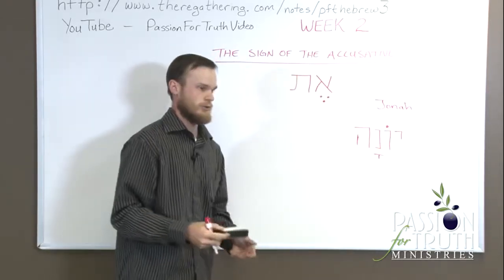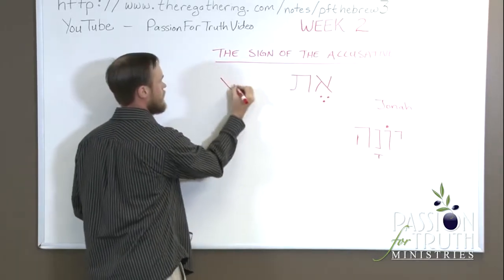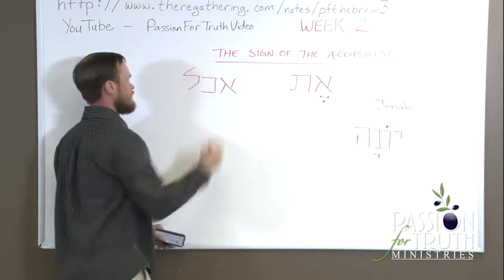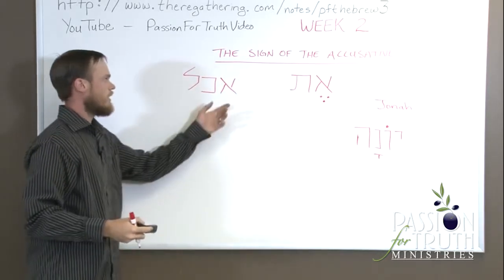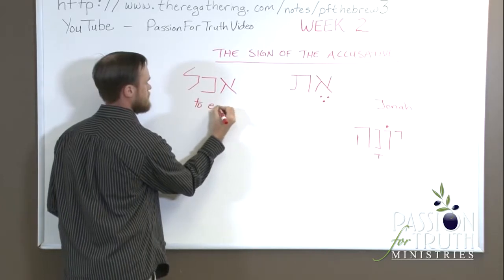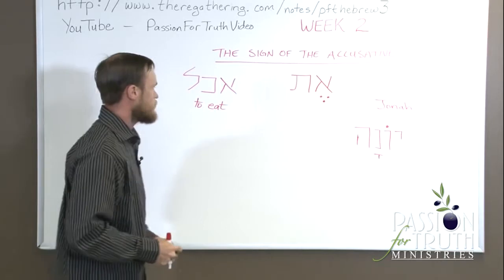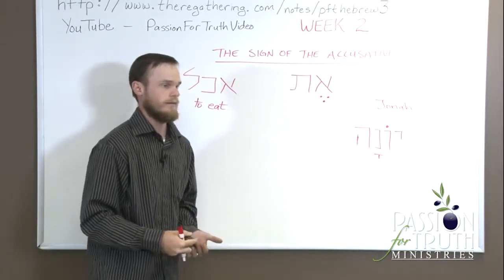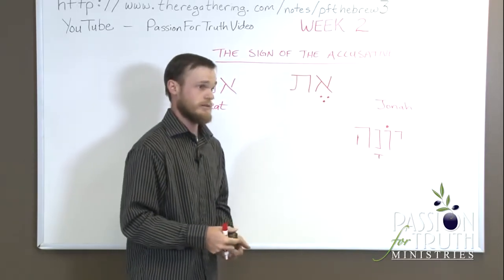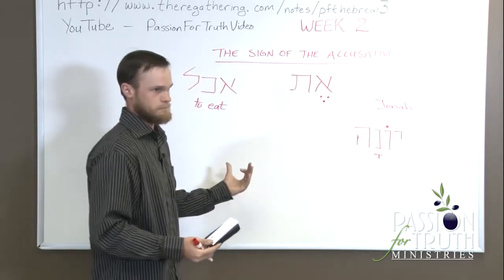And I'll also introduce a root word: aleph, kaf, lamed. Aleph, kaf, lamed means to eat. All right, so if we hail back to last week's lesson on the active participle, which can be used as the present tense, let's say we wanted to say, Jonah is eating.